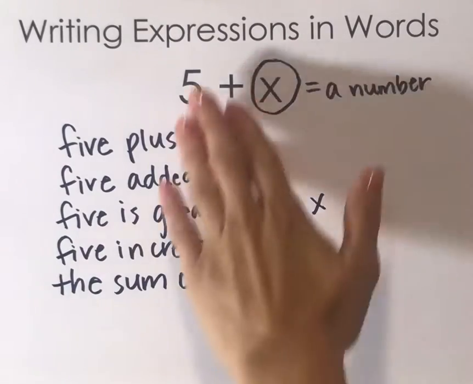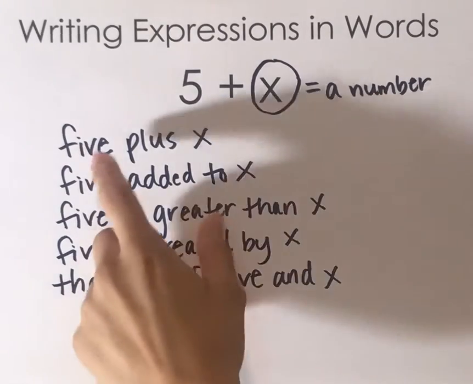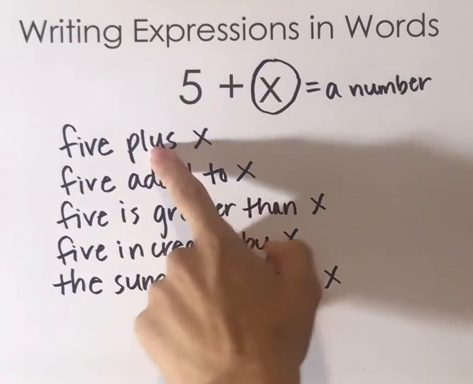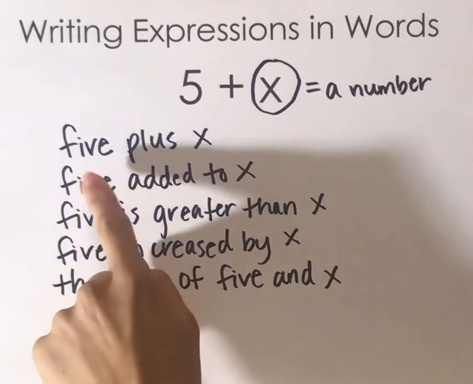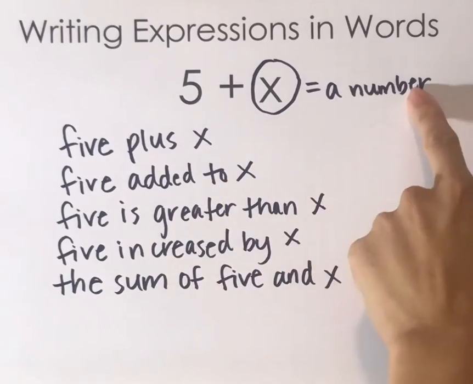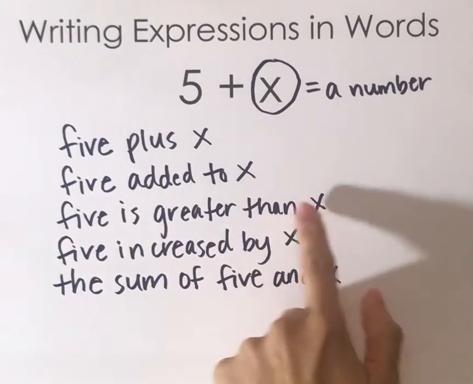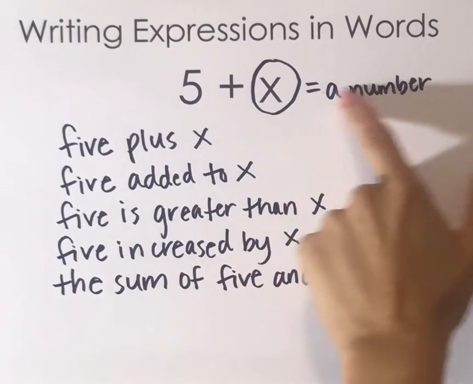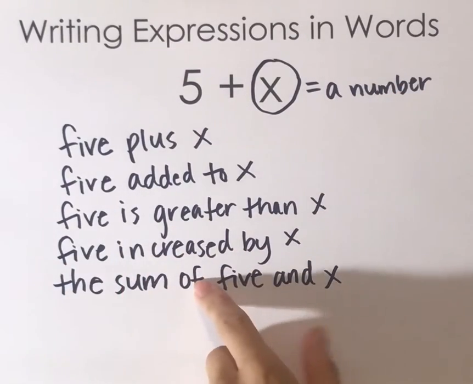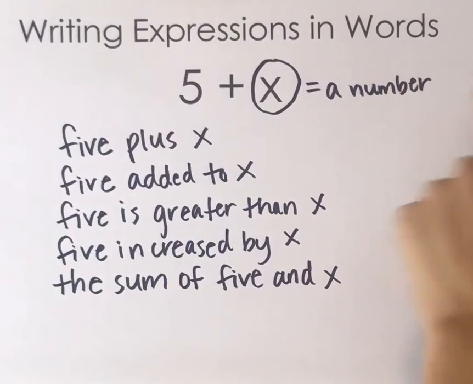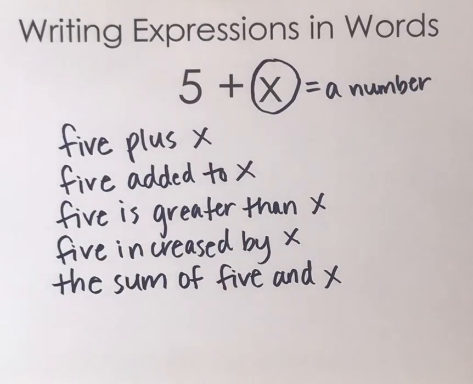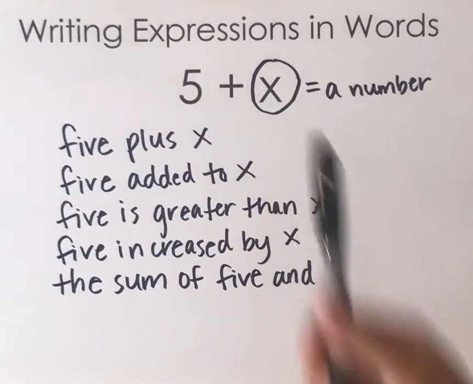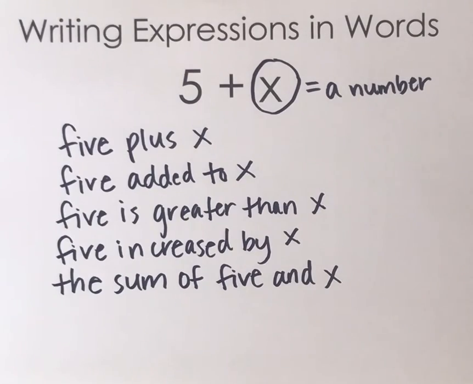So a way that you could say these using that is you could say 5 plus a number, 5 added to a number, 5 is greater than a number, 5 increased by a number, and the sum of 5 and a number.